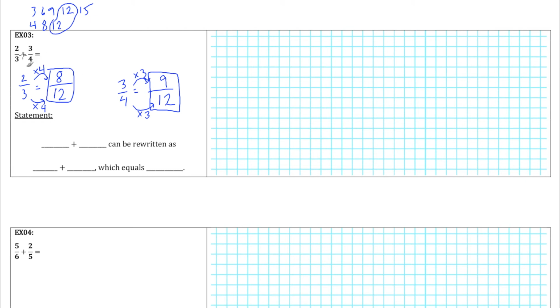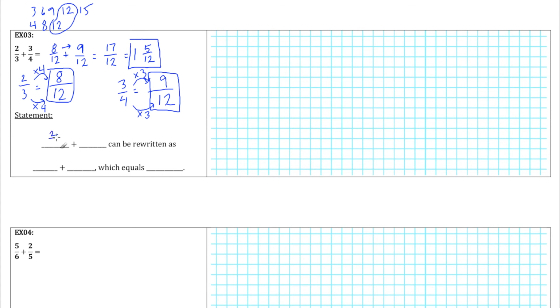So let's rewrite 2/3 plus 3/4 as 8/12ths plus 9/12ths. That gives me 17/12ths. How many wholes can I pull out? 1. How many are left over? 5. There are 5/12ths left over.